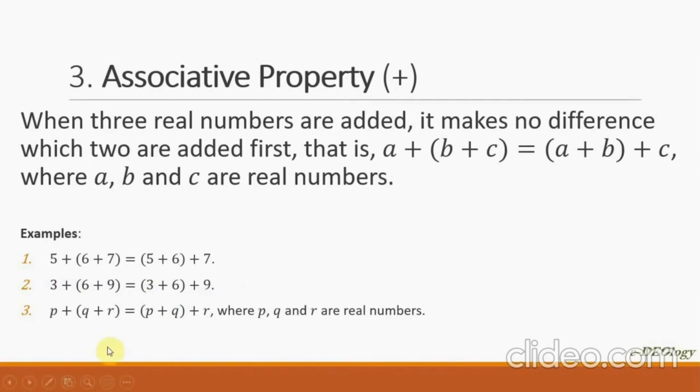So on the third example, there are three letters here, and these three letters represent numbers. So P, Q, R is here.